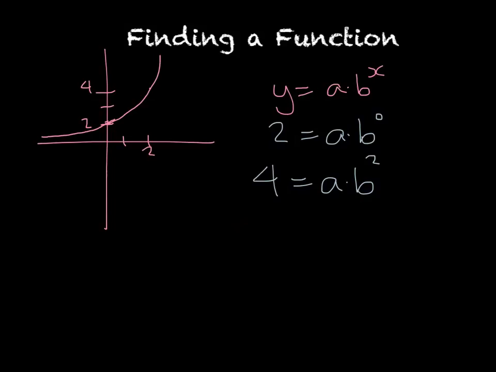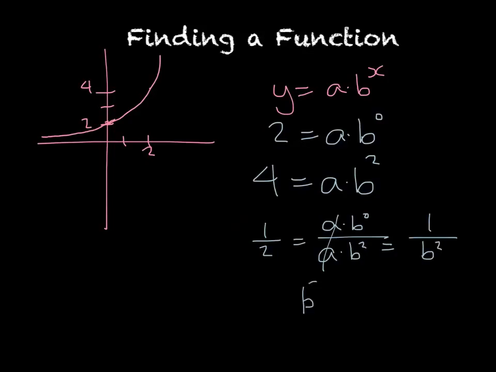So now what we can do is divide these two equations, and what we'll end up with is 1/2 equals a times b to the power of 0 over a times b squared. Our a's cancel, and we end up with 1 over b squared here. So that means that b squared equals 2, or b is the square root of 2.